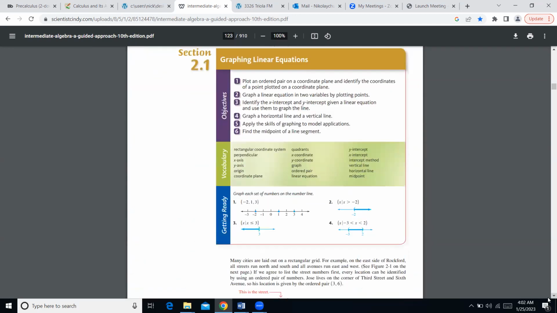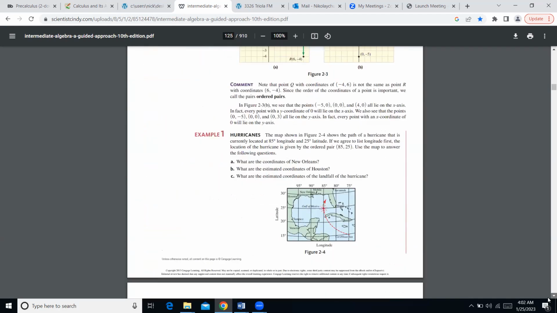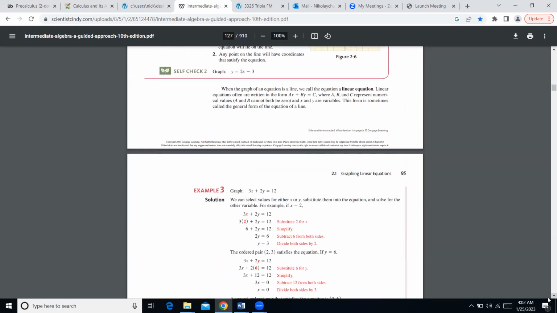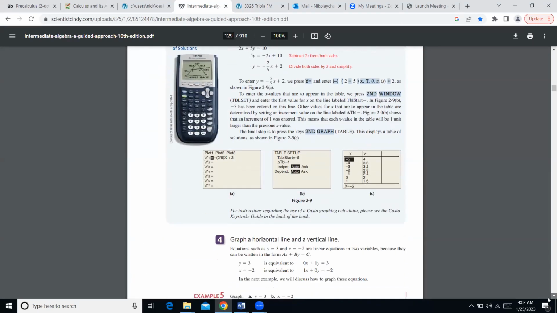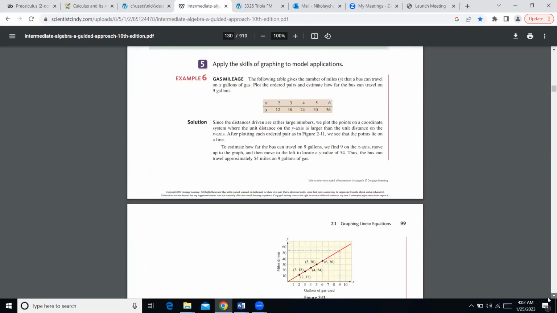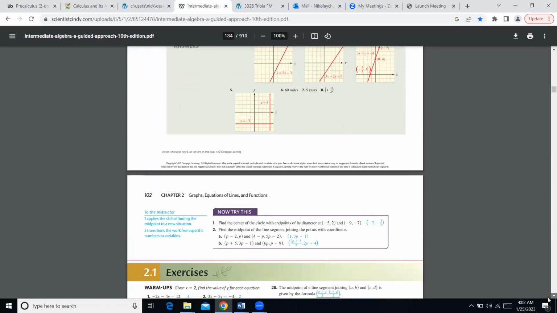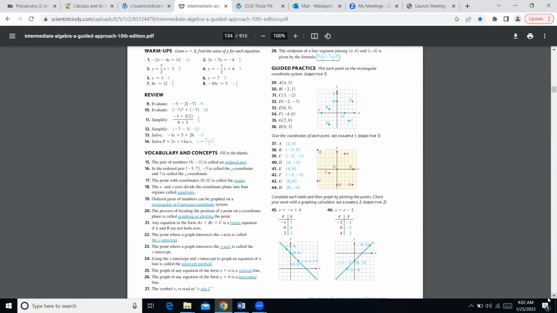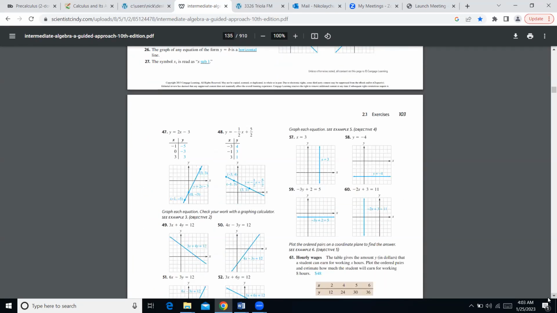And that's how I jumped into section 2.1, which was talking about making point plots and then connecting these points with a straight line. So we need 2 points for that matter. Let me go to the section end where the exercises were and see how we graph those problems.